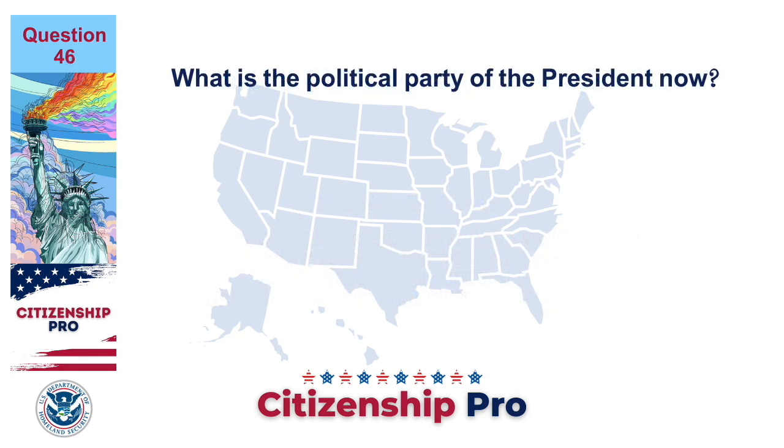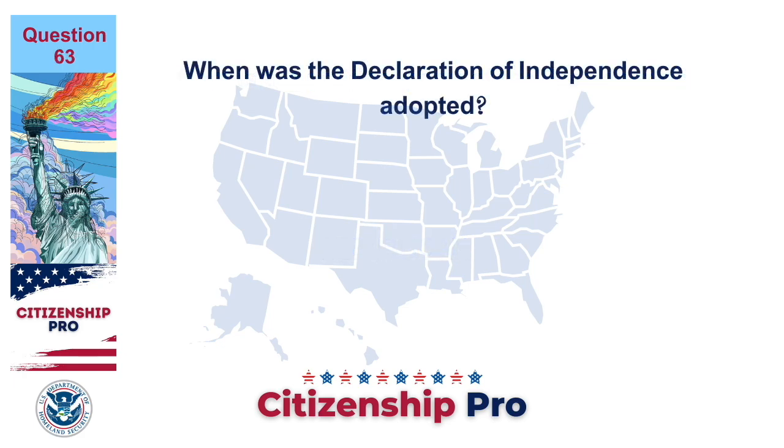What is the political party of the president now? Republican. When was the Declaration of Independence adopted? July 4th, 1776.